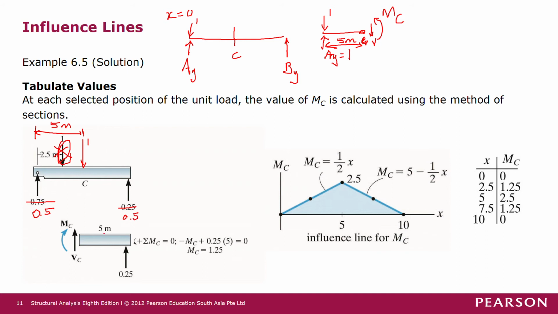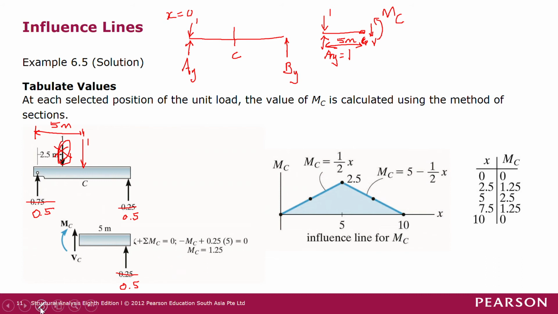Okay, so if you cut across section C, we'll see something like this also. But now the support reaction at B is 0.5.